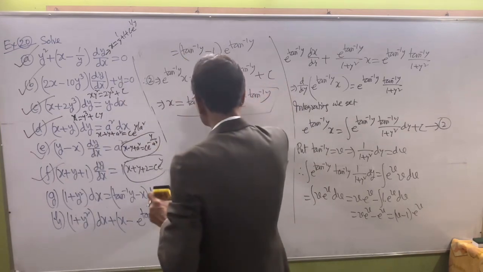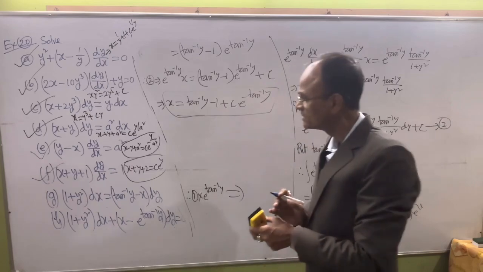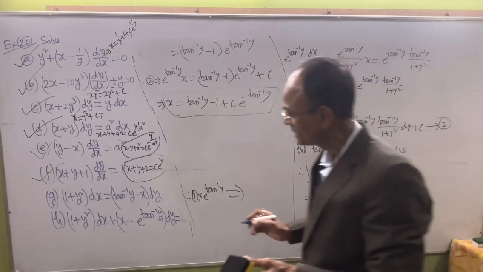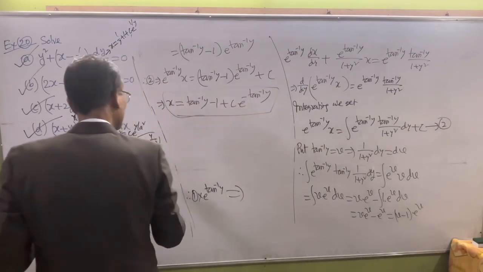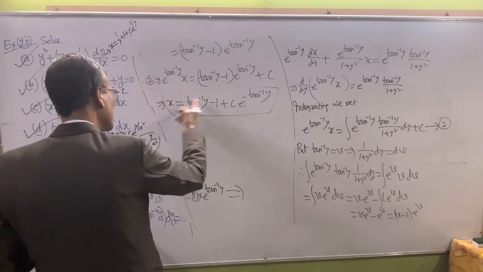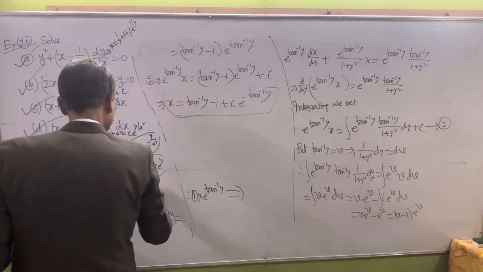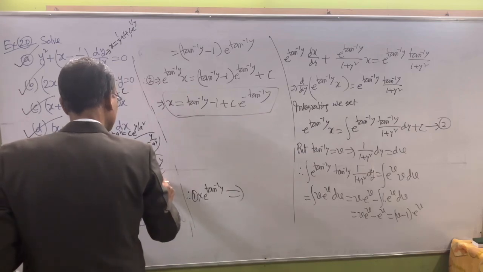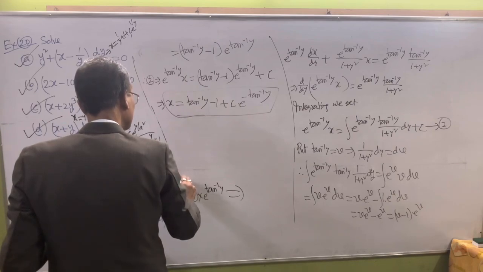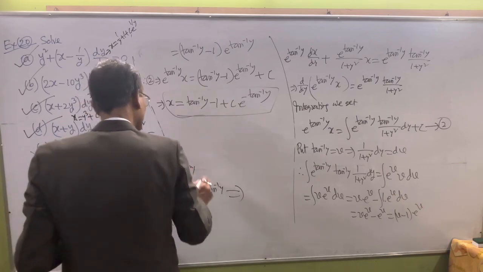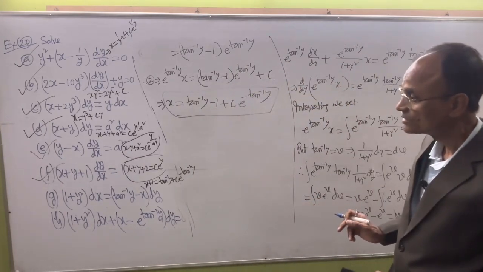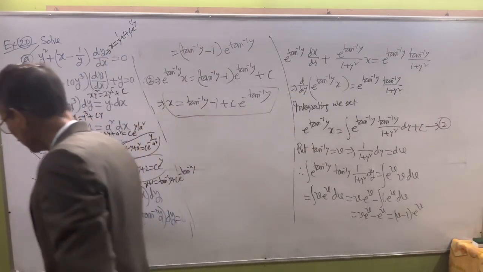Therefore, the solution of this is x equal to tan inverse y minus 1, or you may write x plus 1 equal to tan inverse y plus c times e to the power minus tan inverse y. Therefore, we have solved the question number 7 also.